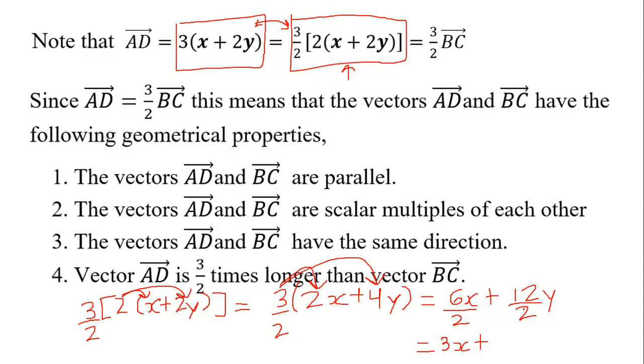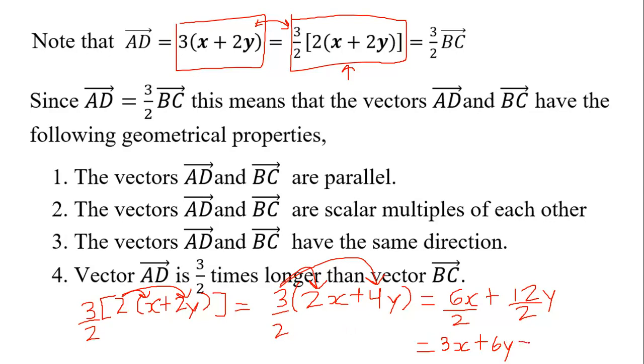Well, 12 divided by 2 is indeed 6. So this is 6y. And so we have that this expression, 3 over 2 times the entire expression, 2 open bracket x plus 2y, is equal to 3x plus 6y.